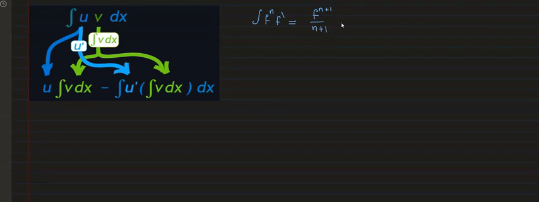We update the power if the power is not equal to -1, right? And if the power is equal to -1, we update it as the ln of the absolute of the function plus c. So it's either this or that.